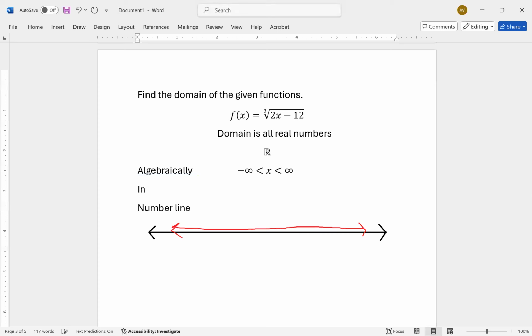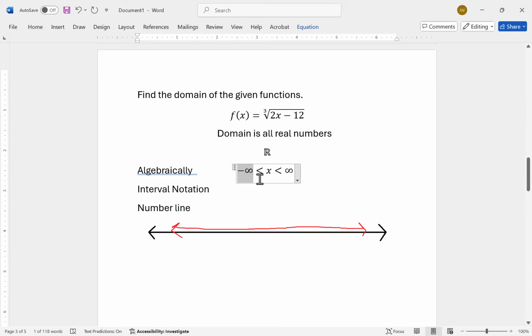Now the interval notation is going to give us the bounds of what the domain is. So on the left-hand bound, we get negative infinity. Now, negative infinity is not a real number that we can touch.